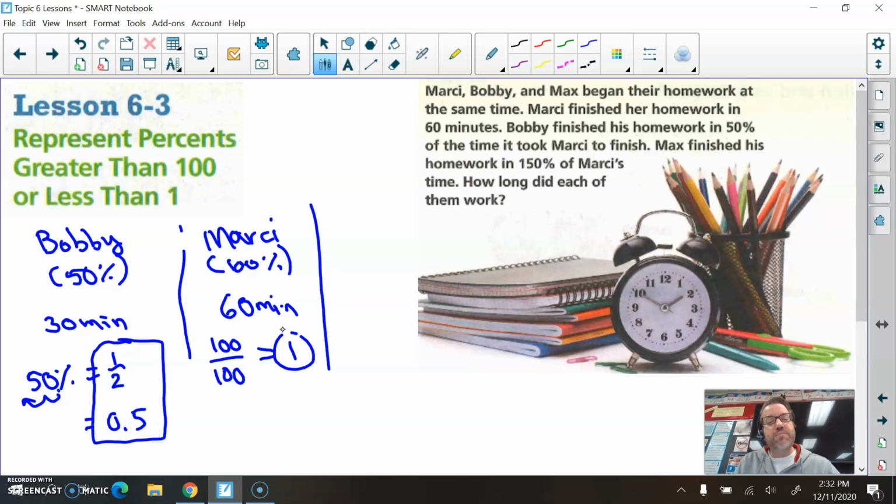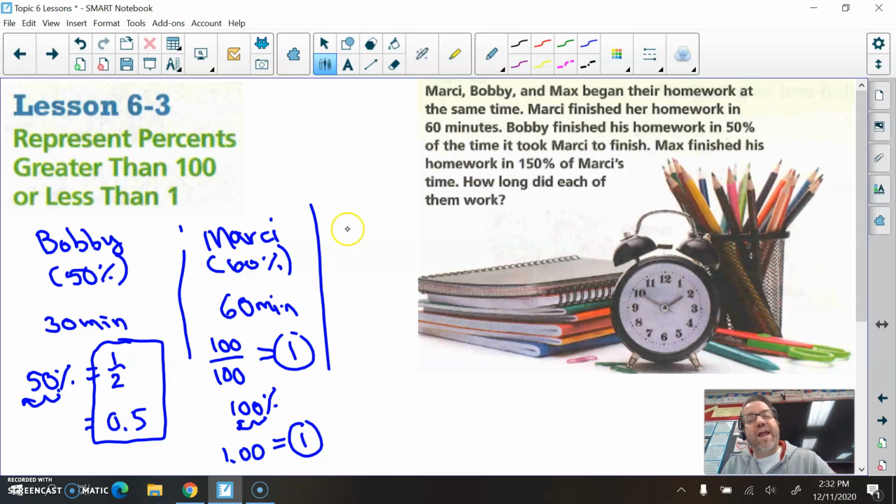And as a decimal, if you take your 100% and move the decimal point left 2 spaces, you get 1.00 or 1 again. So it's kind of interesting with 100% because whether you write it as a fraction or as a decimal, it's just 1 whole. You have 1 over 1 technically, and you have 1.00 technically, but they're just 1 whole.